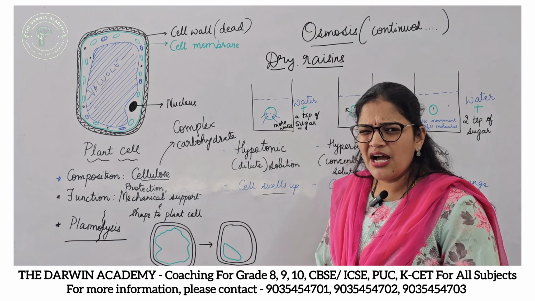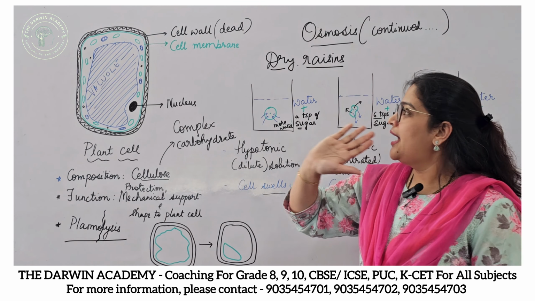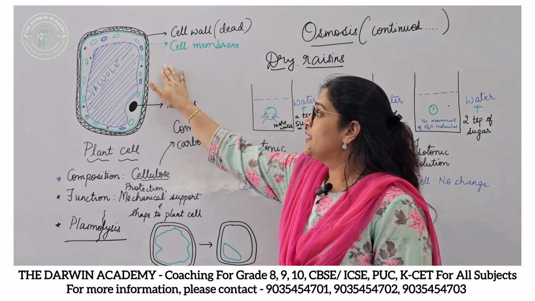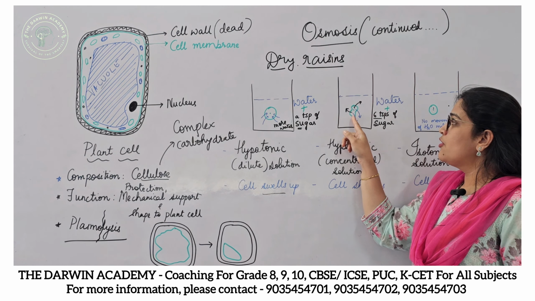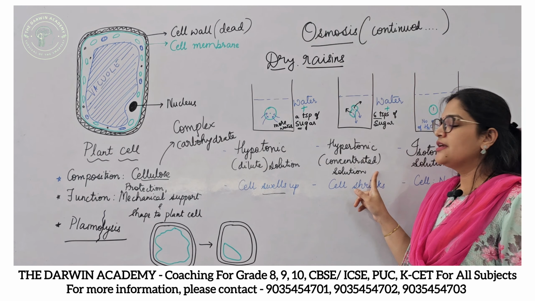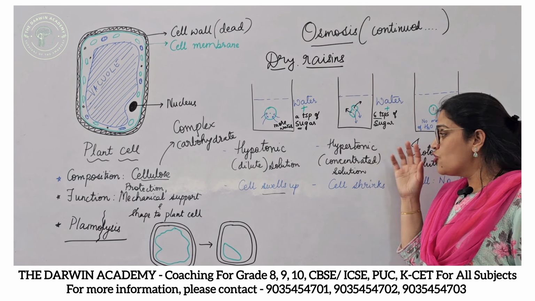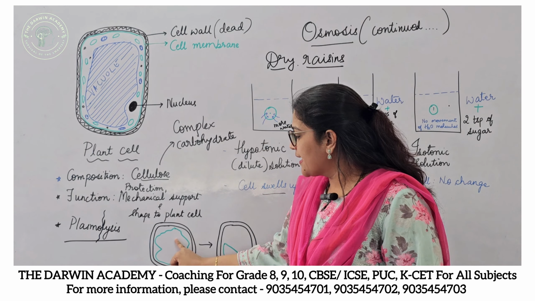But why? But how? See, if I place a plant cell into a concentrated solution, the water molecules from the plant cell will start moving out into the solution, right? So much so that the cell membrane, look at this diagram here.